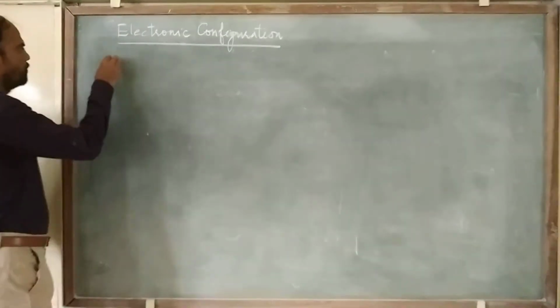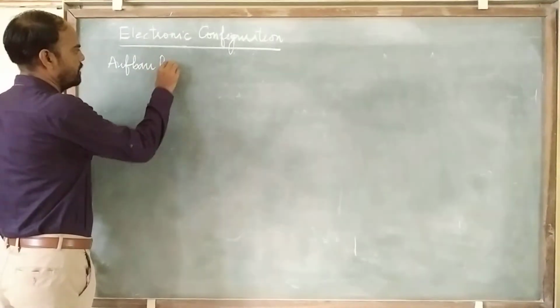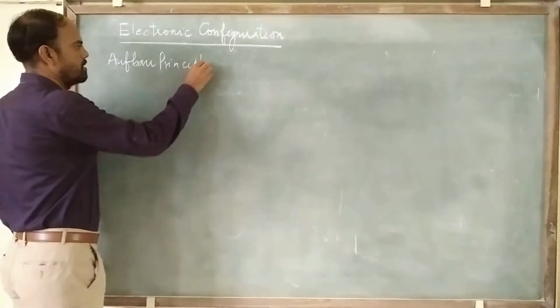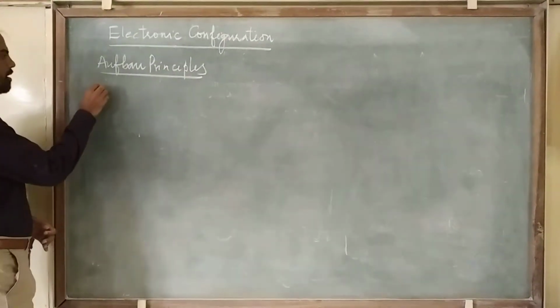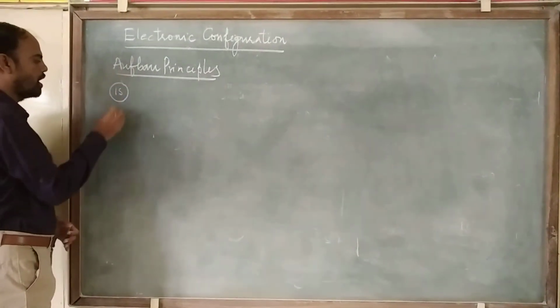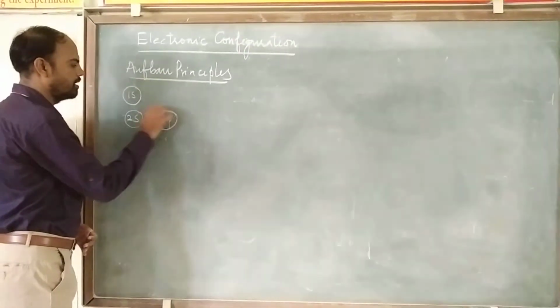According to the Aufbau principle, these orbitals are arranged according to their increasing order of energy level. Now, how do we arrange these orbitals in increasing order of energy?